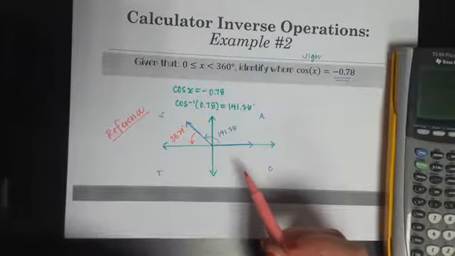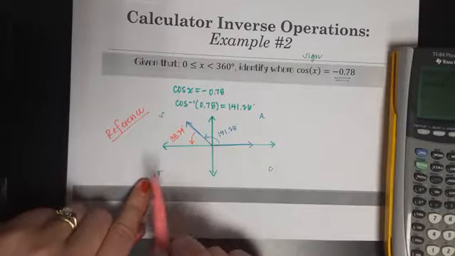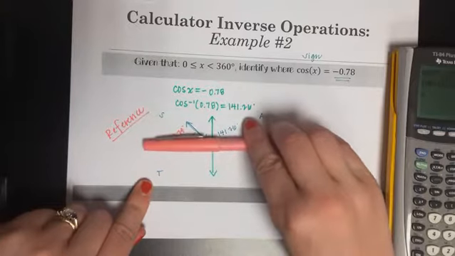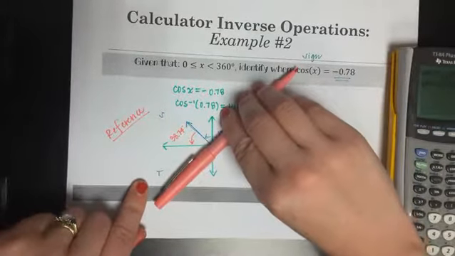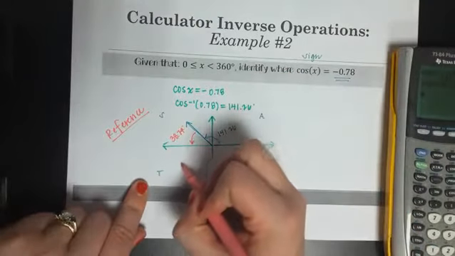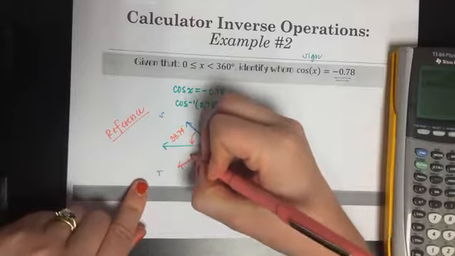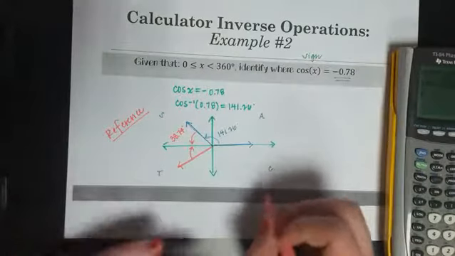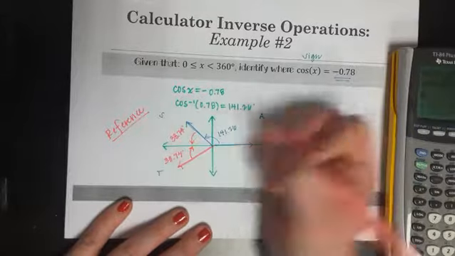Then I need to find my second angle, but I know I'm over in this quadrant here. That just means I have an angle with a reference angle also of 38.74 degrees in this quadrant. So let's draw that out. This other angle is going to be here with a reference angle, meaning getting back to the x-axis, of 38.74 degrees.